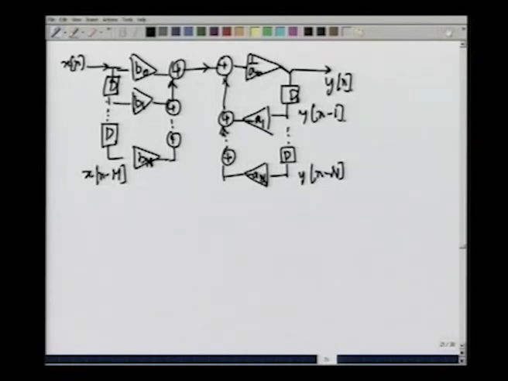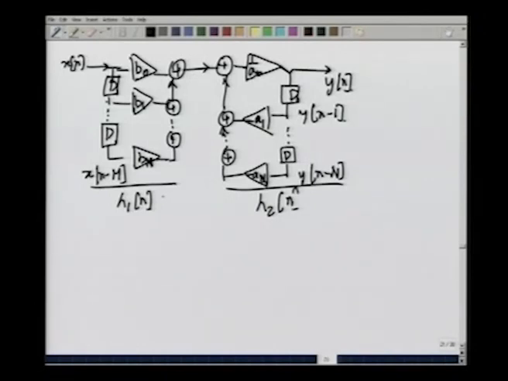So, we are just generating a quantity which is linearly related to x[n]. Okay. Now, keeping this in mind, what can we do? Because this whole thing is linear, let me say that this block has an impulse response which I will call h1[n]. Likewise, this will have an impulse response which I will call h2[n].